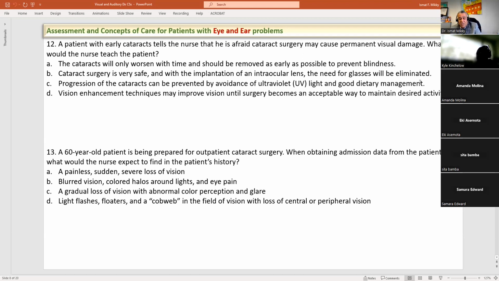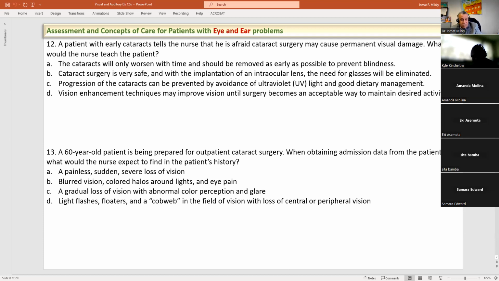That's why B is incorrect. The patient will still need glasses for near vision and for any residual refractive error of the implanted lens. And there are no proven measures to prevent cataract development or progression. So the answer is D, that vision enhancement techniques may be used until the patient feels the need for cataract surgery.